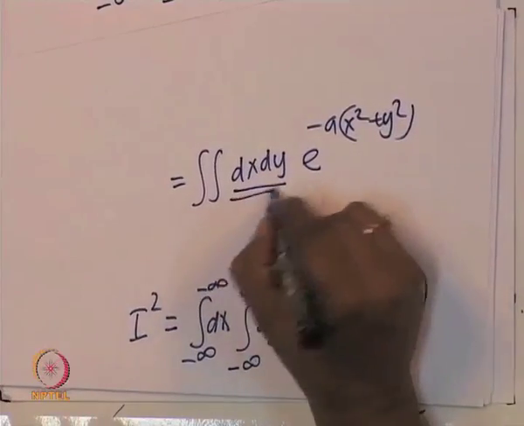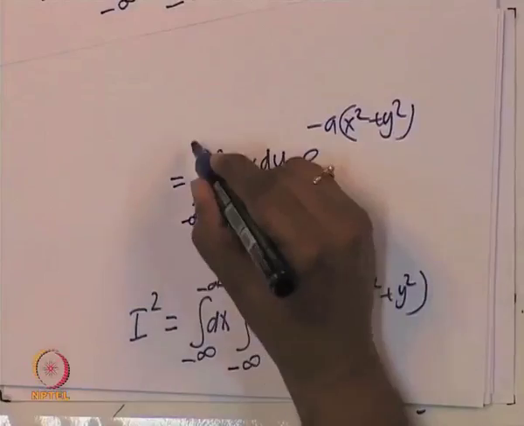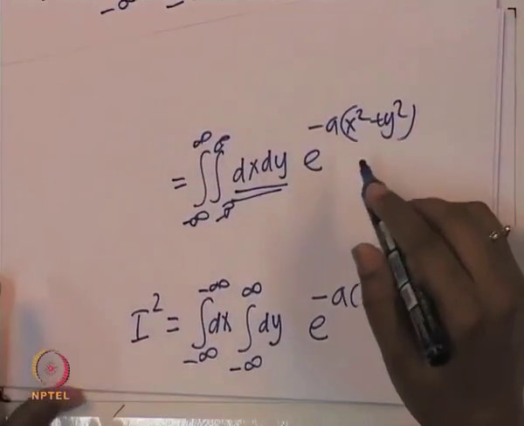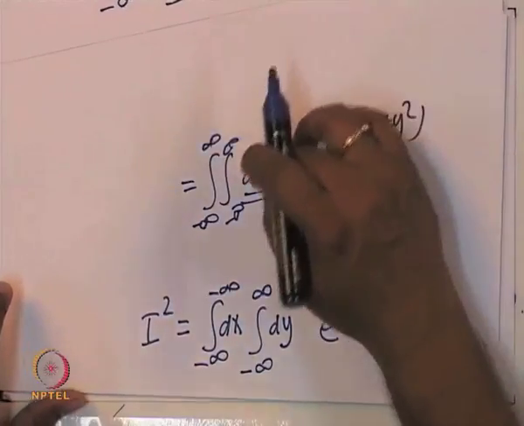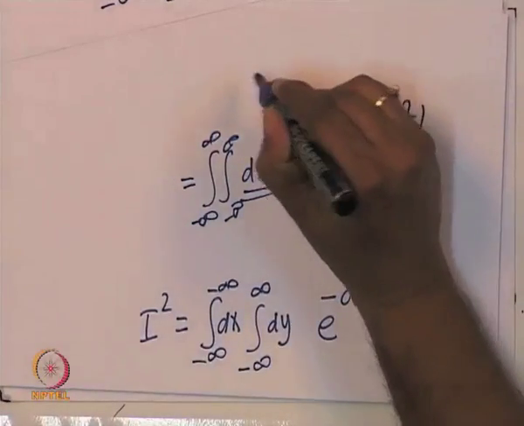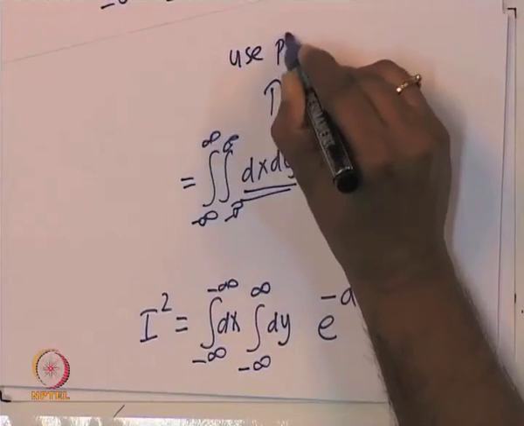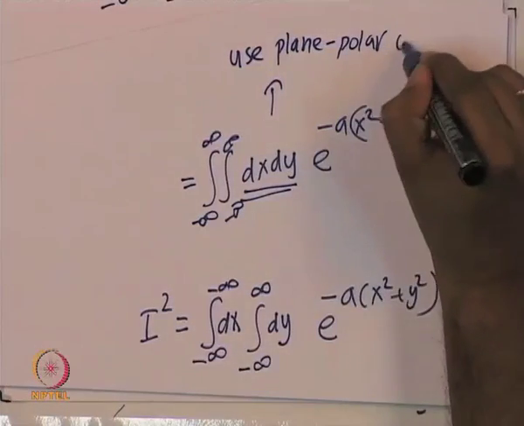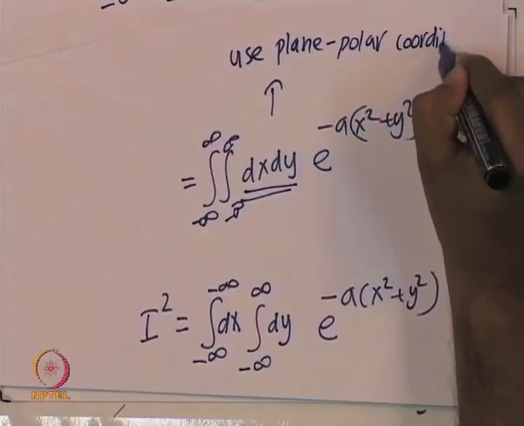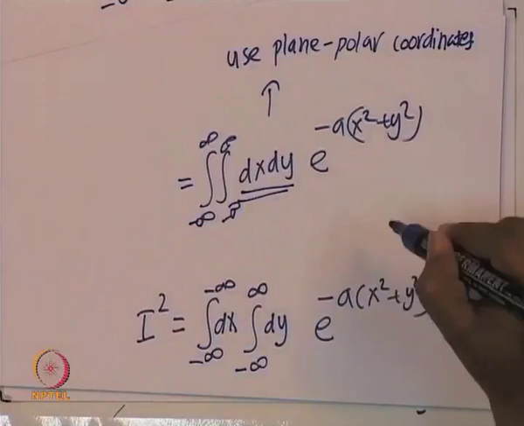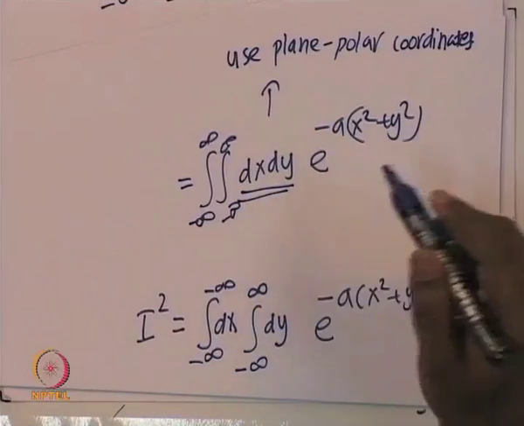Now, this integral is overall the integral in a plane, x and y. Anything in a plane can be either described by Cartesian coordinates x and y, or you can also use plane polar coordinates, that means r and theta instead of x and y.